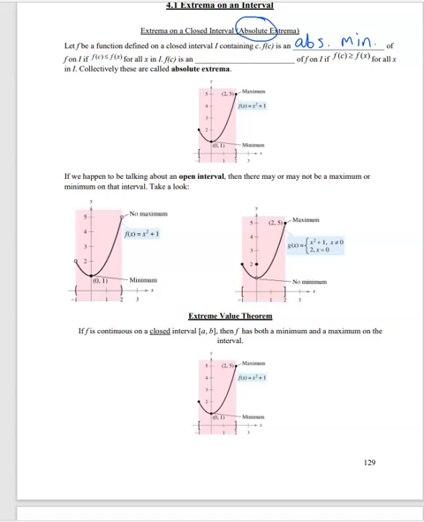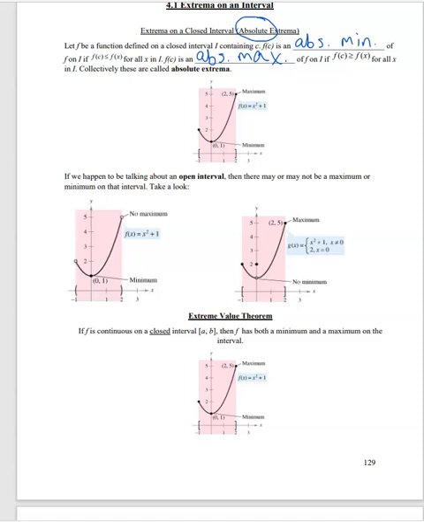Likewise, f(c) is an absolute maximum in that interval if f(c) is greater than or equal to every other value in that interval. In other words, if f(c) is the largest value in that interval, we call it an absolute maximum. Collectively, we call these extrema, or absolute extrema, because it's a closed interval.